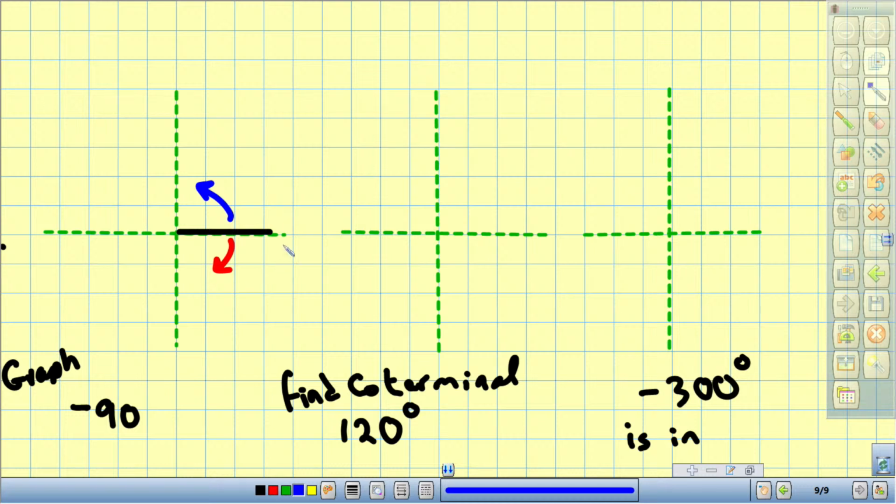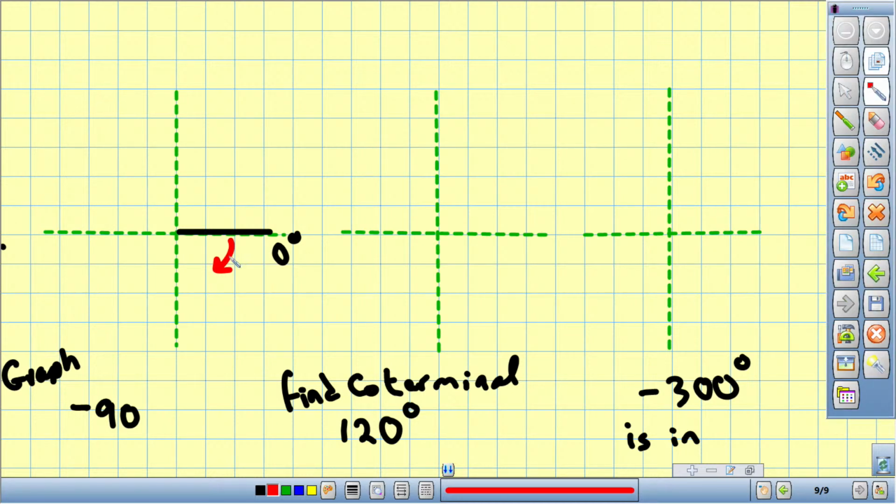Well, you start from 0. 0 degrees is here. Then I move this way. Where should I stop? Should I cross this here? Should I go here? No! You don't cross.